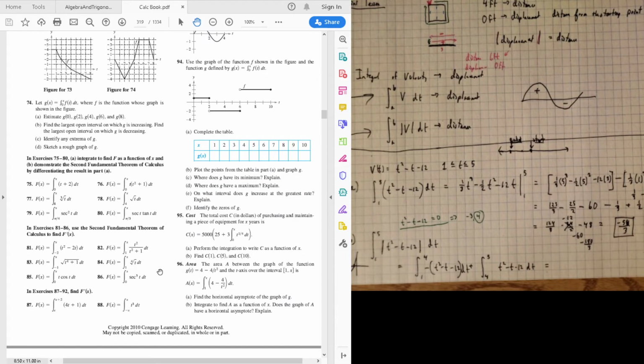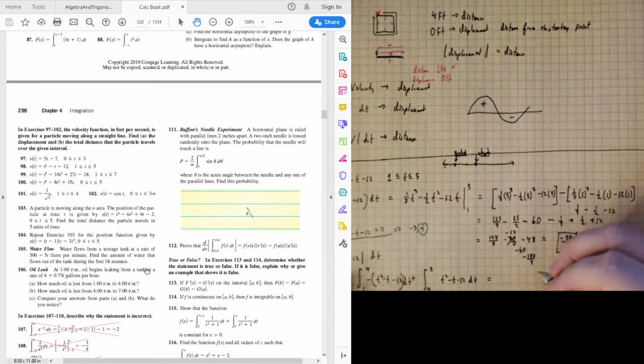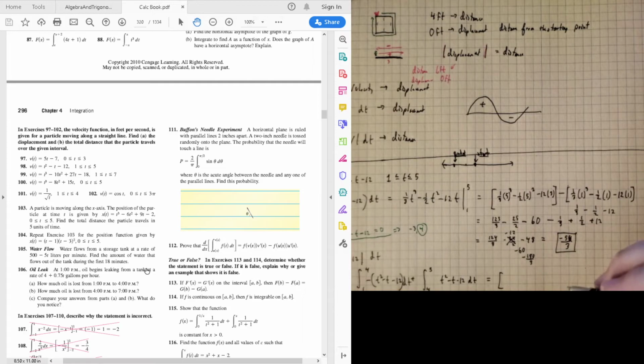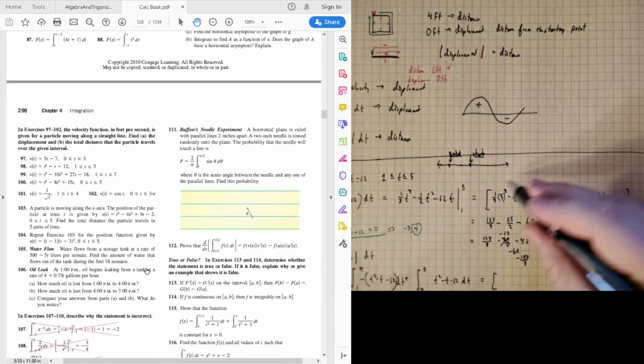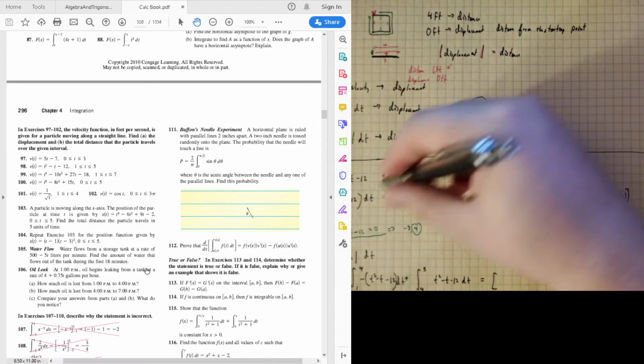Okay, let's finish this now. So, I got my two components. Let me go ahead and take my time and find out each of those. Now, this first one, I'm going to plug in 1 and 4 into that problem. And then the second one, I'm going to plug in 4 and 5. Now, for this first one, I plug in 4, and can use the information I have up here to simplify this process a little bit, because I already know what the integration is going to look like.